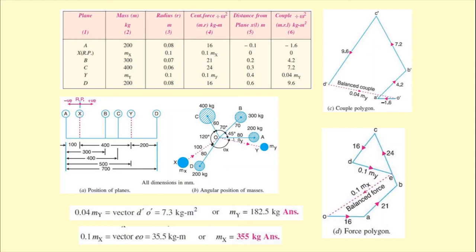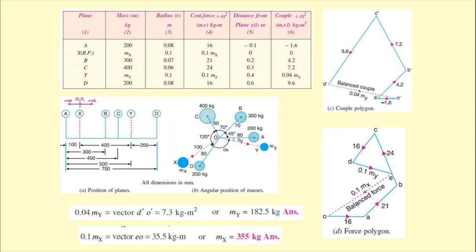In the fourth column, that is the centrifugal force divided by omega squared, we are going to get the m into r value, mass into radius of rotation value. So over here what exactly we are going to get is nothing but the mass 200 into radius of rotation 0.08, that is equal to 16 kg meter.